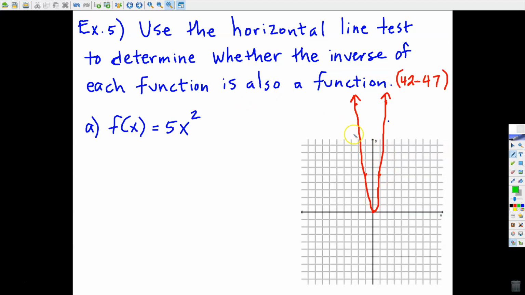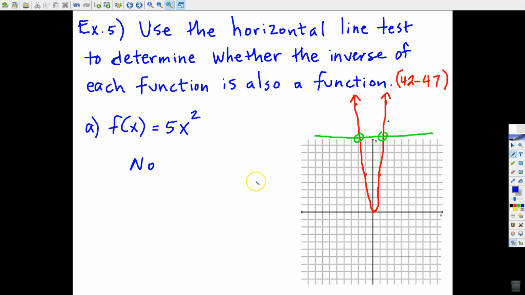Well, the horizontal line test tells me whether or not the function is one-to-one, and further, it tells me whether or not the inverse of this will be a function. As you can tell, when I draw a horizontal line, I cross 2 points, and so that tells me that the inverse will not be a function.